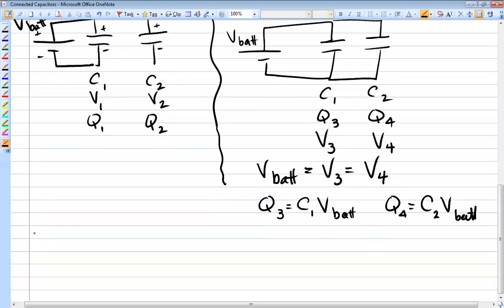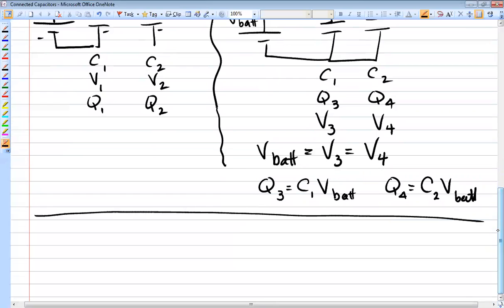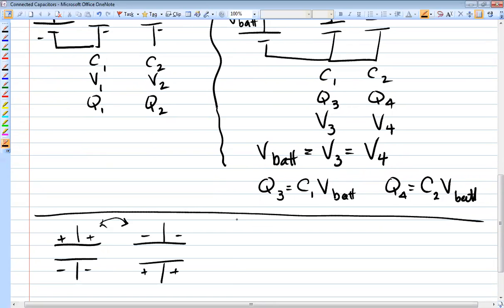Now another variation for this situation is what if we connect them negative to positive? The only difference there is if we start out with this one being positive at the top, whereas this one is negative at the top, and then we connect these, and no, we won't have a battery this time.